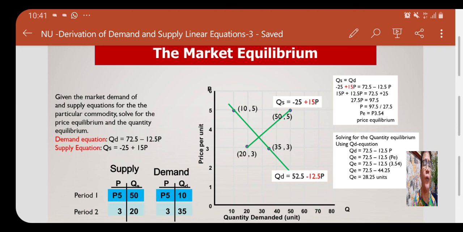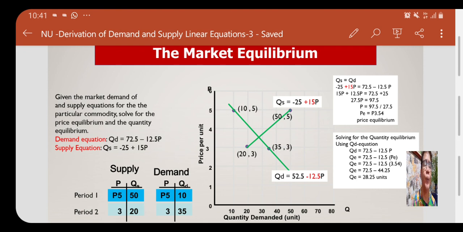Simplifying, we will have 27.5P equals 97.5. And by solving for P, we can bring the multiplicand of 27.5 to the other side, so it can become a divisor. So we'll now have the value of P equal to 97.5 over 27.5.